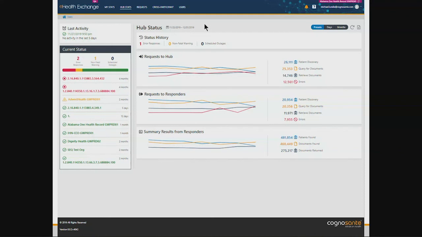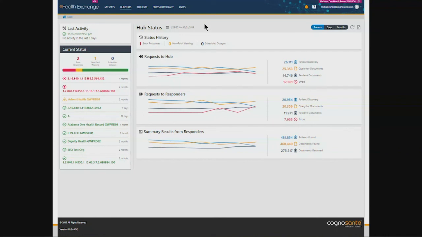And on the left, you also have a status of the participants. So if any participants are either in an error state or not responding, or there are some warnings in their normal operations, you have that information available on the left.